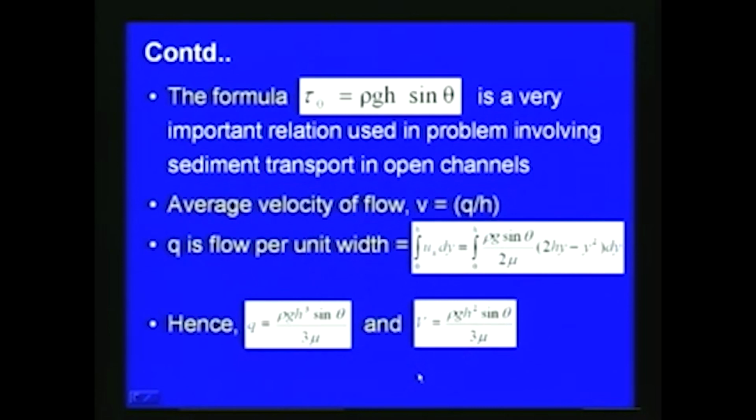So, finally, by using various assumptions, we simplified the Navier-Stokes equations, and then we got the simplified form of the Navier-Stokes equation. Then we integrated to get the expression for the velocity, and then we found the other parameters like shear stress and discharge per unit width. The various constants of integration were found by using the boundary conditions.